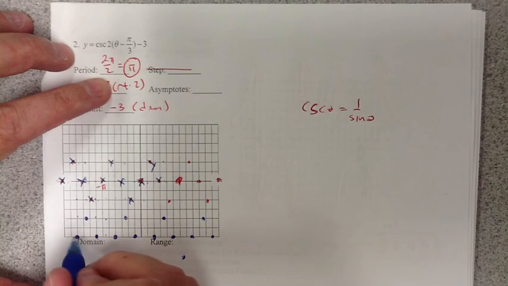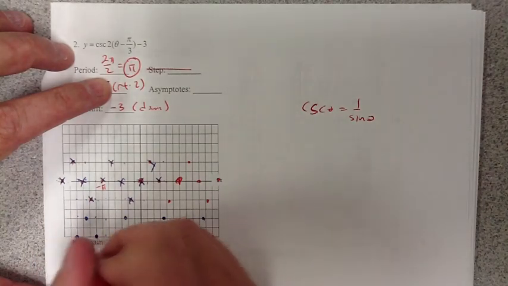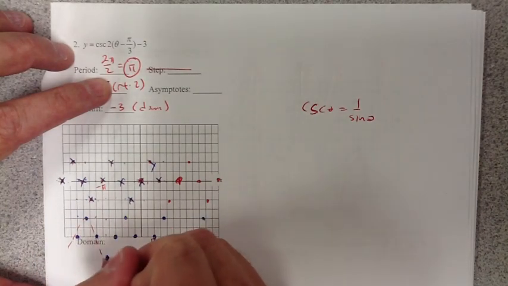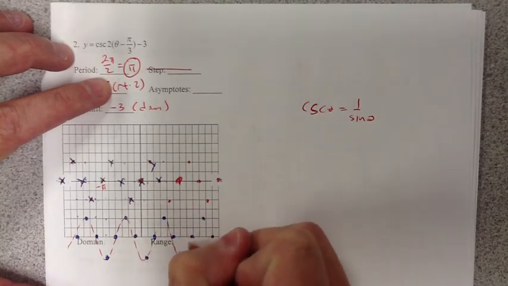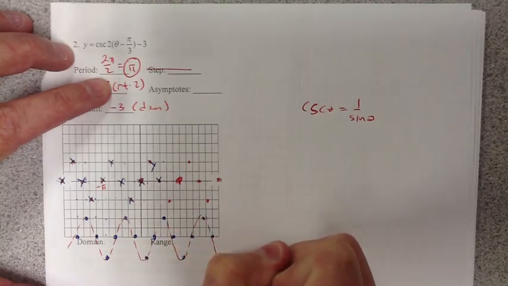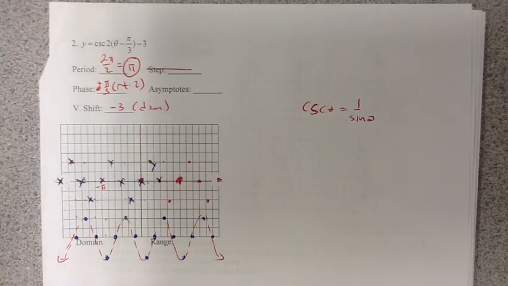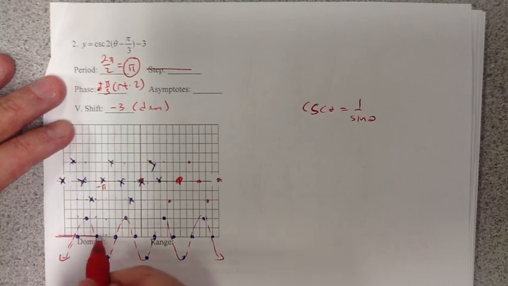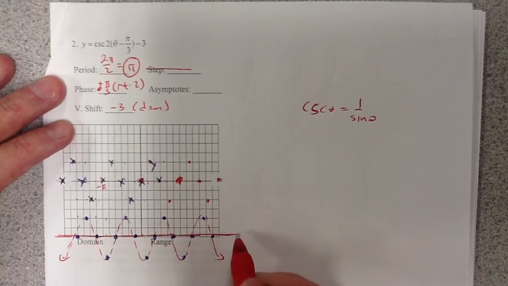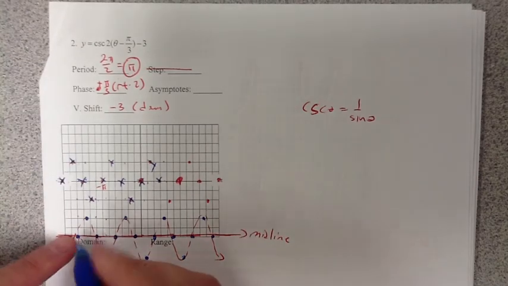Now I'm going to do this lightly in red. This is my sine graph. So I draw my midline. There's my midline. Remember, what the midline gives me is where my asymptotes are, wherever it crosses.